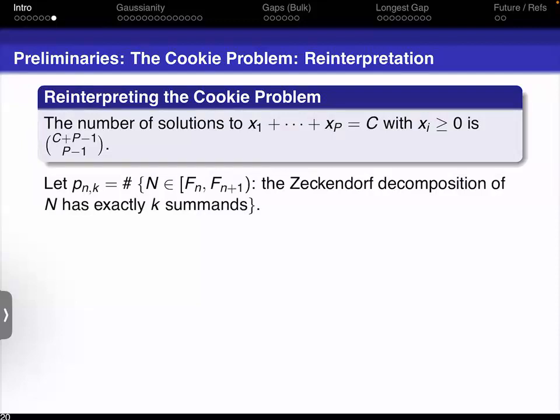I want to see, is there a formula for how many integers have exactly k summands? It turns out there is. You can do this not just with Fibonacci numbers, you can do this more generally for other sequences. And for those other sequences, you no longer have nice formulas like this. So this formula is only going to be nice and clean for the Fibonaccis and for other very simple sequences, it will not be true in general.